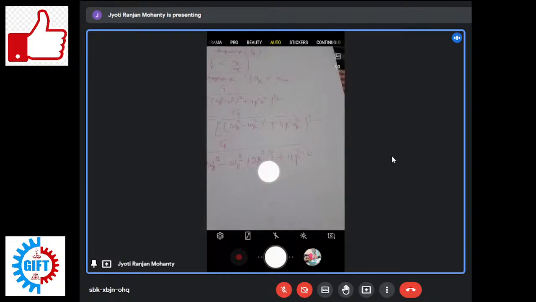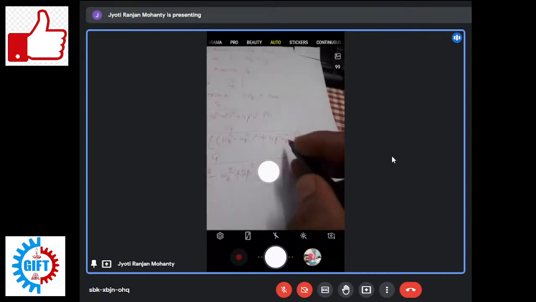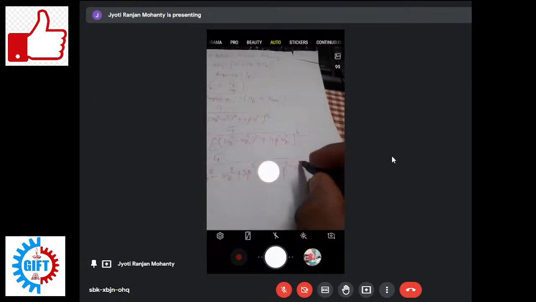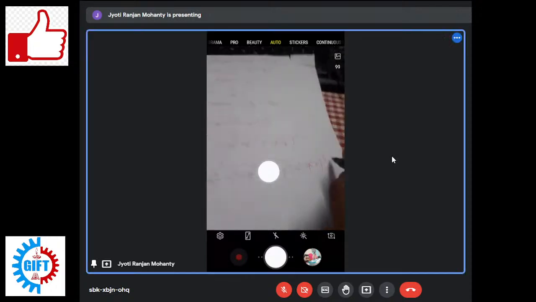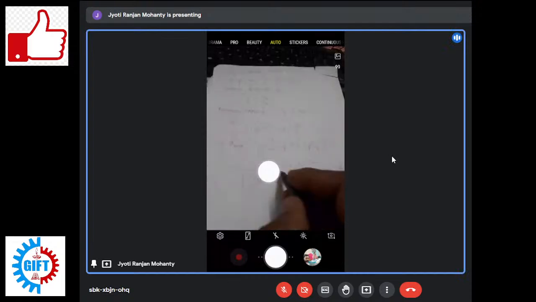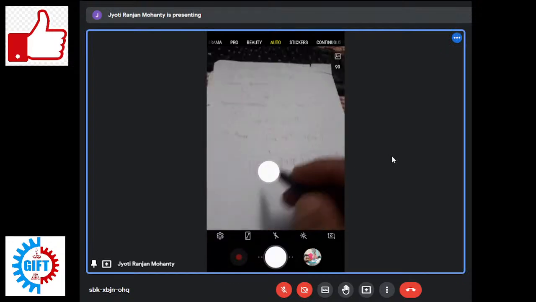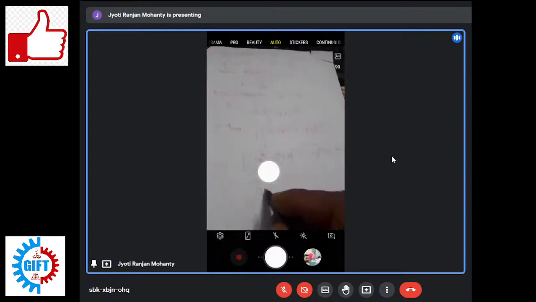4 beta square. Omega r square will be omega naught square minus 2 beta square. So omega square minus omega square cancel. This is equal to G by 2 beta square, whole square.